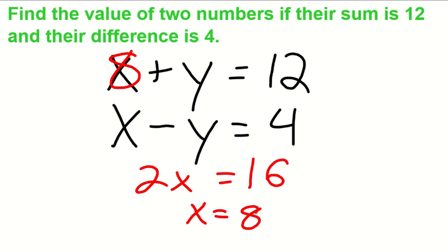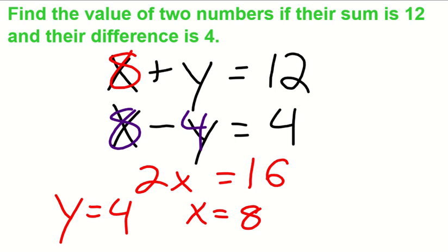So I've got 8 plus something equals 12. I can subtract 8, or most of y'all can just figure that out. That means y equals 4. And if I put it into the other equation, that's a good way to check always: 8 minus 4 is 4. So those are our two numbers.